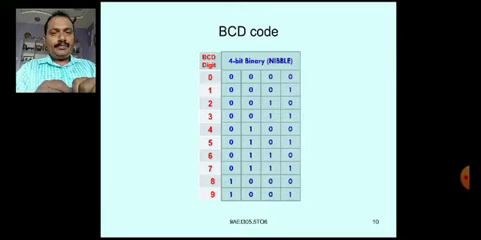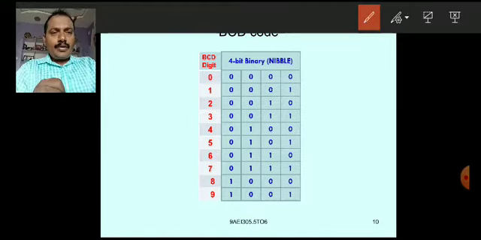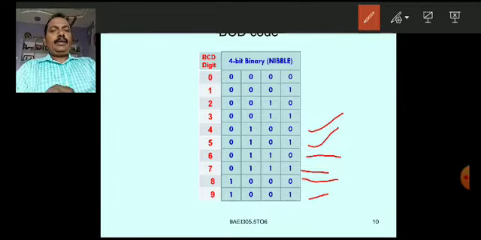So 0 means 0000, 1 means 0001, 2 is 0010, 3 is 0011, 4 is 0100, 5 is 0101, 6 is 0110, 7 is 0111, 8 is 1000, 9 is 1001. So these are the BCD codes from 0 to 9.